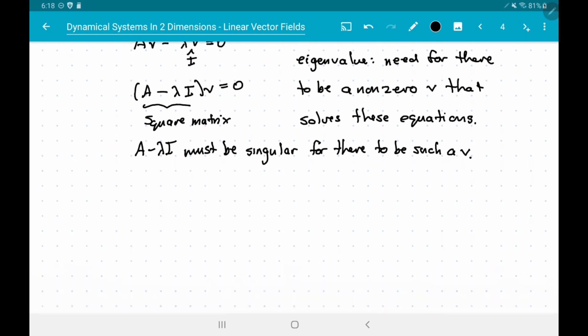Okay, well, if you'll remember, there's a long list of conditions for a matrix to be singular that are all equivalent. So one is that the equation here has a non-zero solution for V, and one of the others is that the determinant must be 0. Okay, so the determinant of A minus lambda I must be 0.